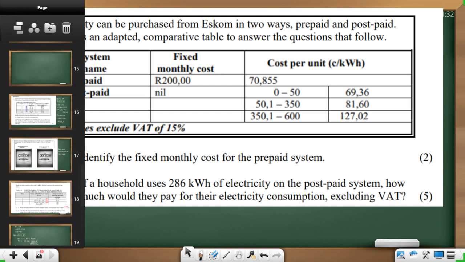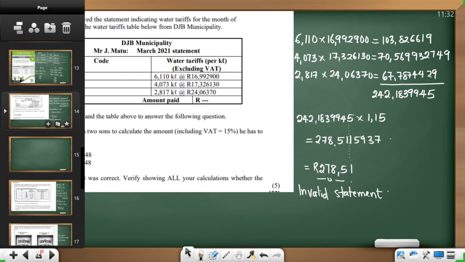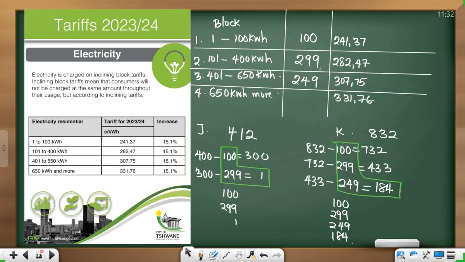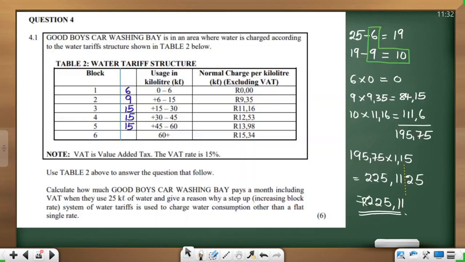Now, there was a question I remember that I omitted here. They said, calculate how much, we did all that, right?